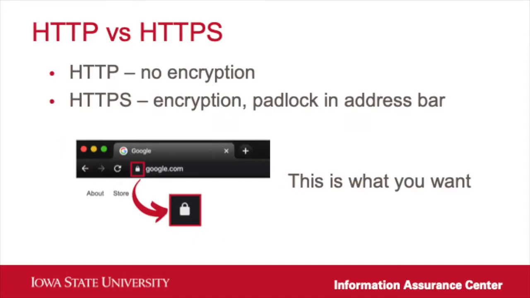Now, as I said, we've mentioned HTTP and HTTPS a couple times. Key difference is that HTTP has no encryption. HTTPS encrypts the traffic, and we've talked about how that's important during authentication. We'll talk here in a few minutes about how that's important during things like online shopping.